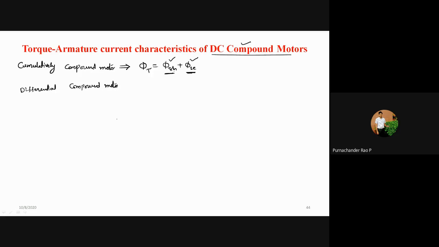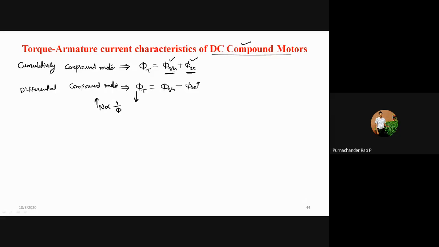If you take differential compound motors, then the flux phi T will be equal to phi SH minus phi SE. Therefore, as the load on the machine increases, your phi SE goes on increasing and the net flux gets reduced. Because N is inversely proportional to the flux, this motor may run at a dangerously high speed.